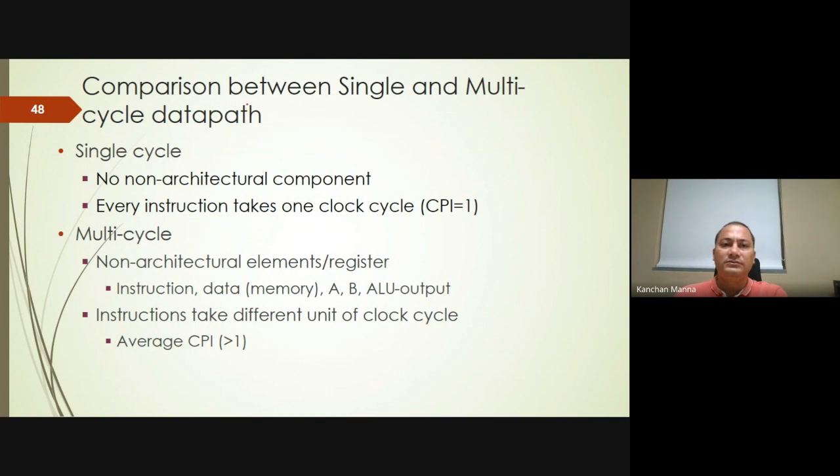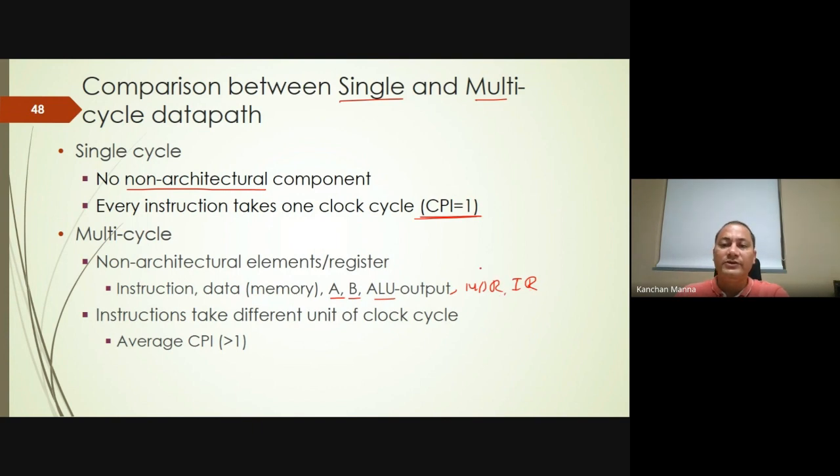Now we'll compare the difference between single cycle and multi-cycle data path. In the single cycle data path, we have no non-architectural element, and the CPI is 1, because each instruction is taking one clock cycle. For the multi-cycle data path, we have incorporated non-architectural elements such as A, B, ALU out, MDR, and IR.